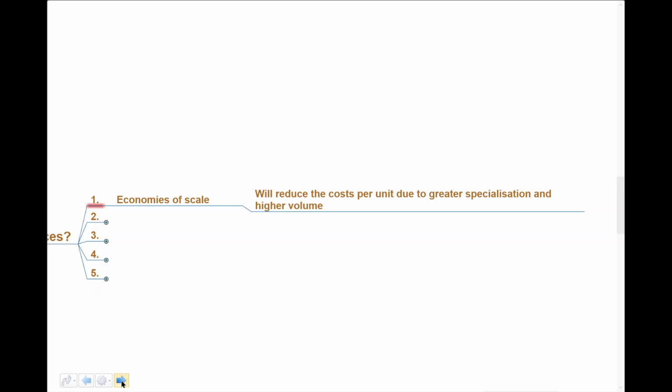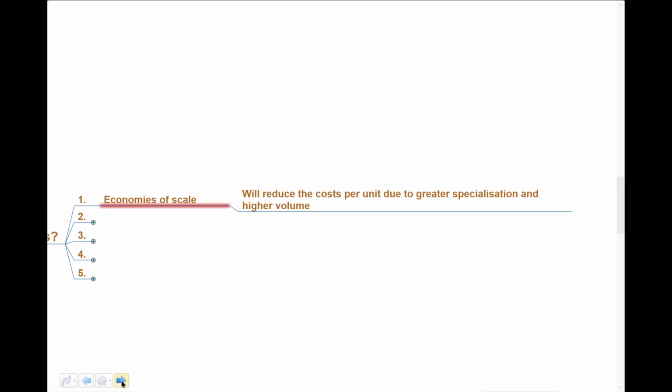We say that players in the market will have economies of scale, and new players or new entrants, if they want to enter the market, will see that as a disadvantage to them, because new players will not have economies of scale because they're not established. So what do we mean?